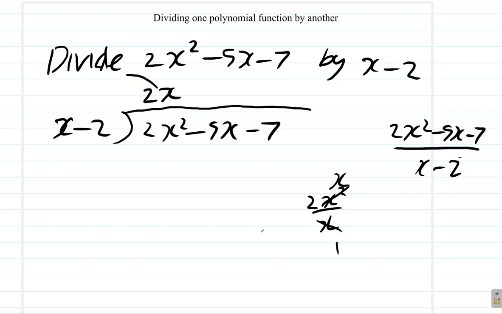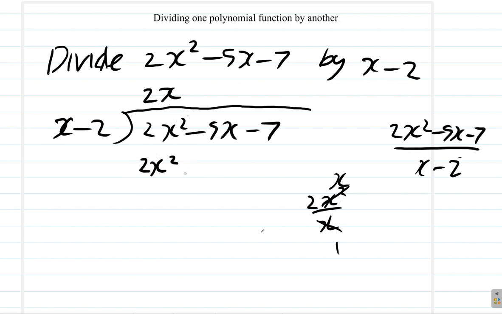Then you're going to multiply the 2x by the x and the 2x by the negative 2. So 2x times x will give you 2x squared. And remember, you line up x squared with x squared, and x with x. If there was an x cube, you line up x cube under x cube.